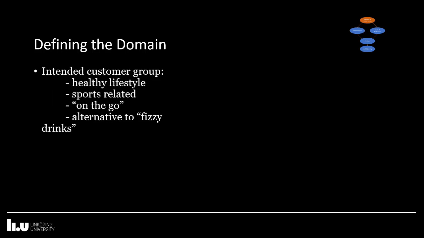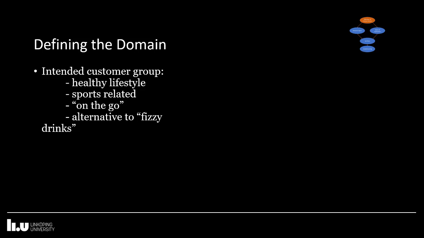Okay, let's start with the domain. We are looking for who is the customer group we are intending and what are their interests here. So this customer group is for healthy lifestyle. They are sports related. They drink carbonized drinks on the go, meaning they are on the bus, on the train, or somewhere.